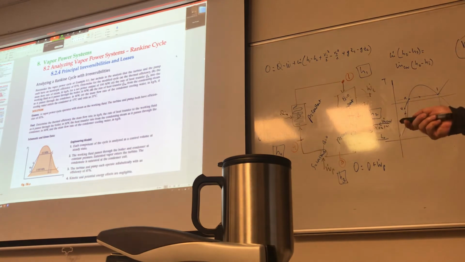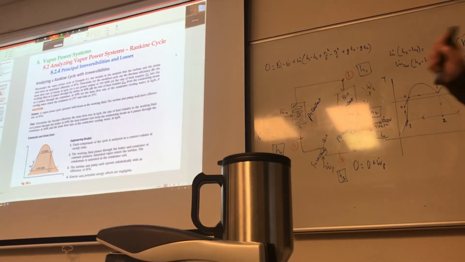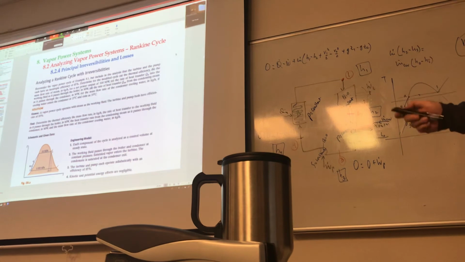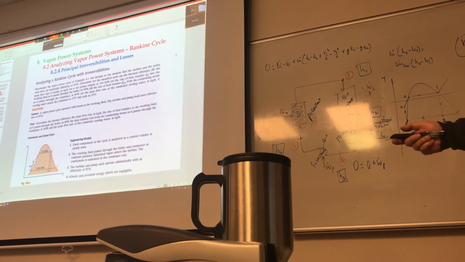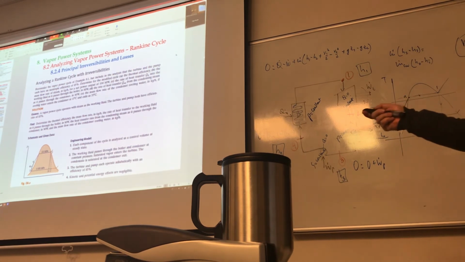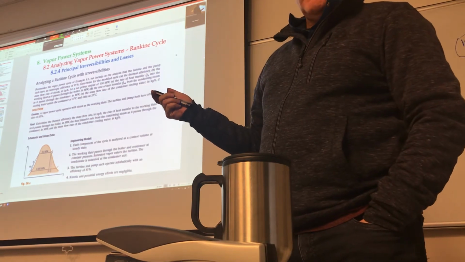I think the reason I like this chapter, the way it's been done in this book, it repeats exactly the same example as before. Same values, same everything. The only thing we are introducing here is that there is an inefficiency of the turbine. So you have a turbine efficiency of 85% instead of 100%.